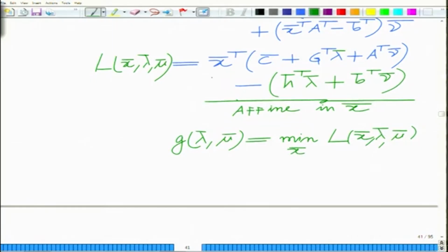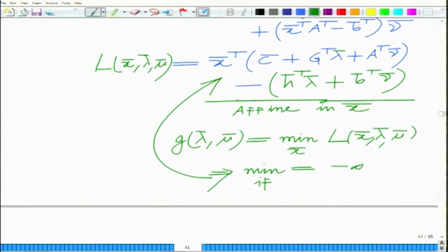Now you can see this is affine in x bar, which implies the minimum equals minus infinity if the linear term, that is, the coefficient vector multiplying x bar, is not equal to 0. Then I can take it to minus infinity by choosing appropriate values of x, because it is the equation of a hyperplane in x.